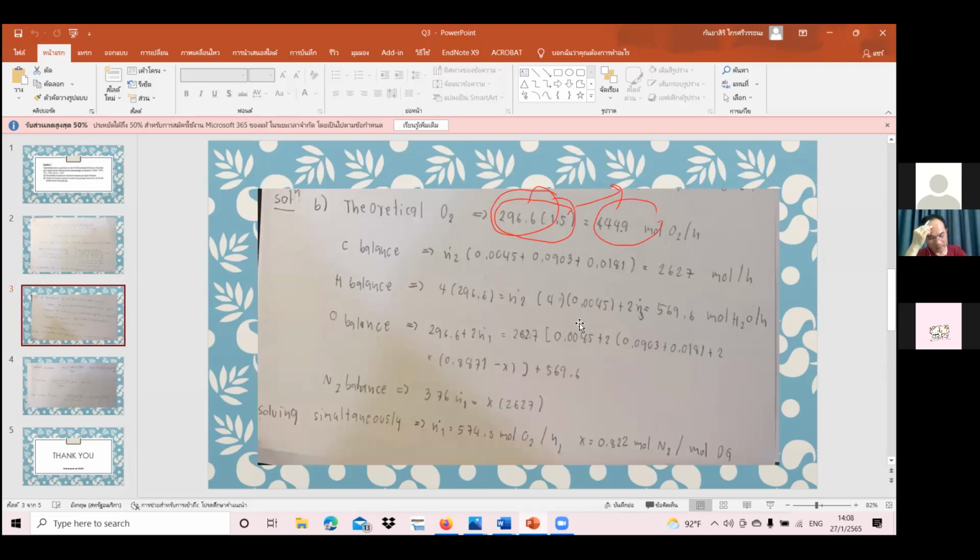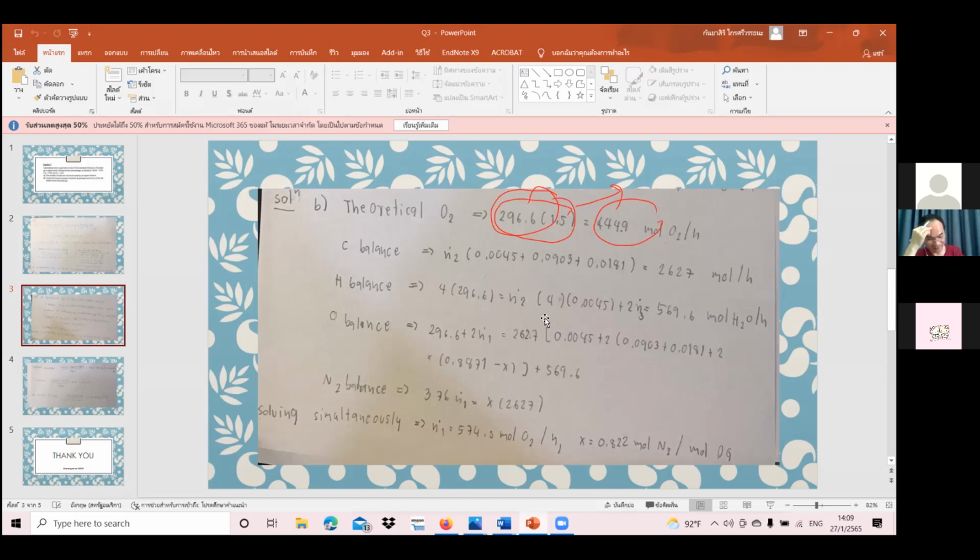Why is this the amount of oxygen? Because you write only the number, I don't know what this is. I don't understand.